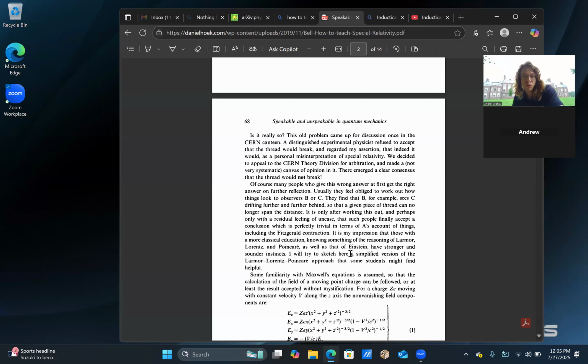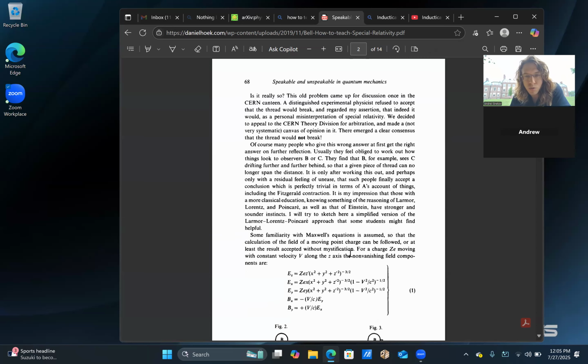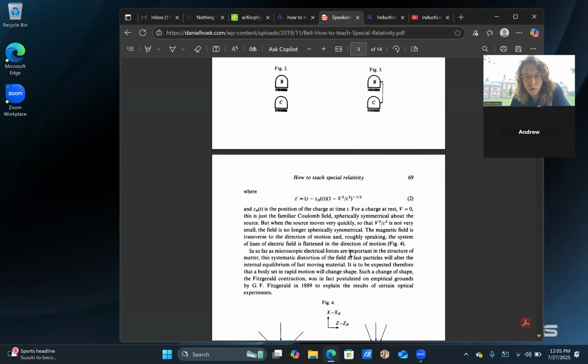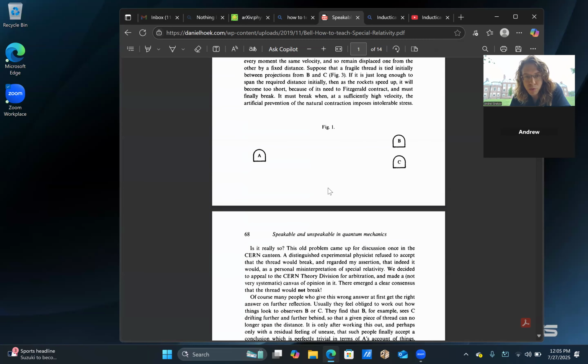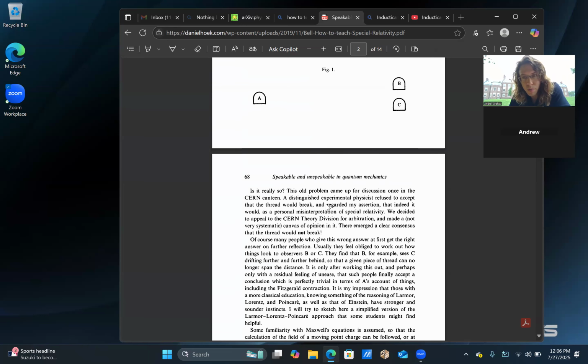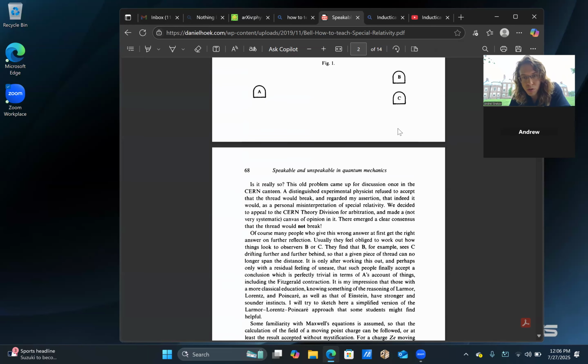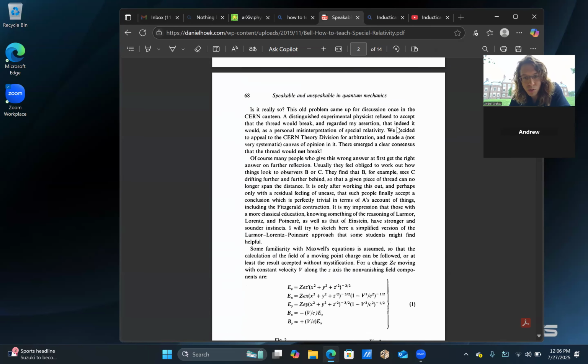Okay, and that's what he offers. His idea is to always look at what happens in the frame of A and think from his perspective what's happening when objects B and C move.